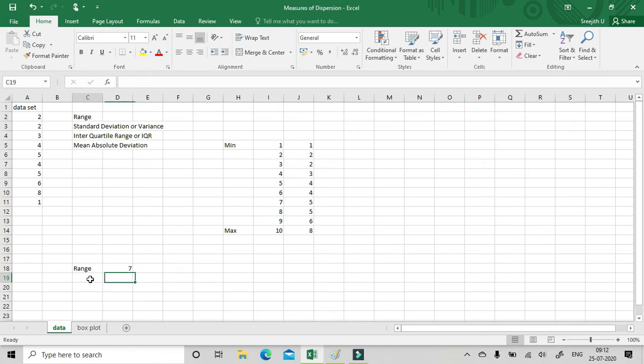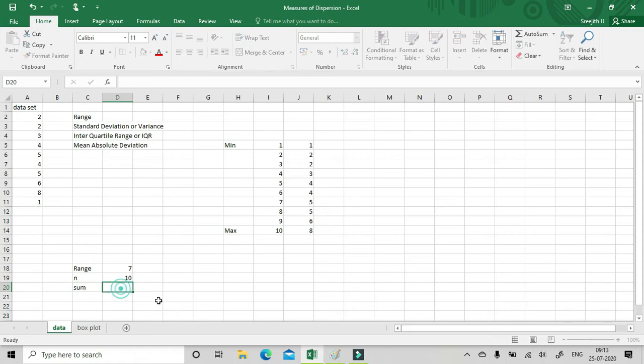The number of observations n is equal to 10. Let's sum this up: 1 plus 2 is 3, 3 plus 2 is 5, 5 plus 3 is 8, 8 plus 4 is 12, 12 plus 4 is 16, 16 plus 10 is 26, 26 plus 6 is 32, 32 plus 8 is 40. Sum is 40.